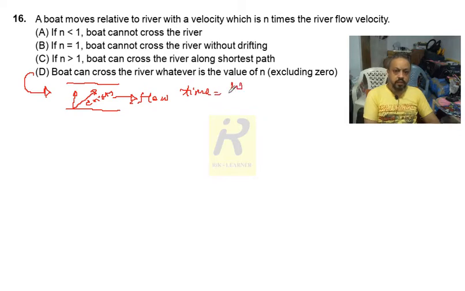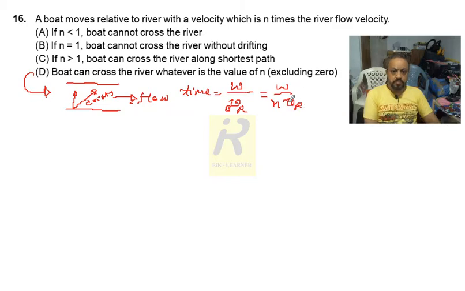the width of the river divided by the velocity of the boat with respect to the river. That is nothing but W divided by n v r, because the velocity of the boat with respect to the river is n times v r.